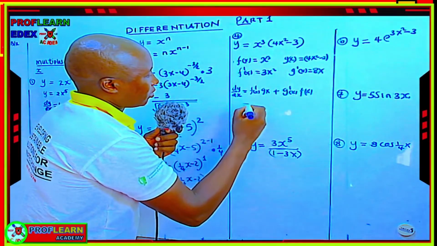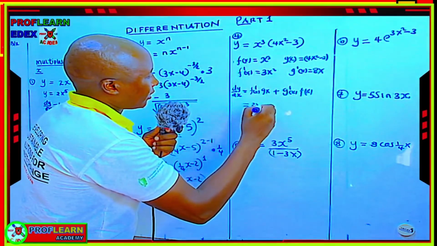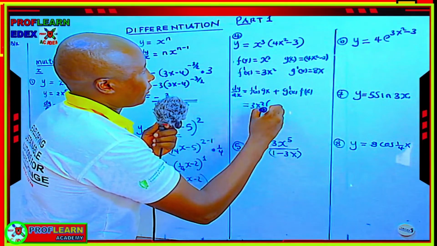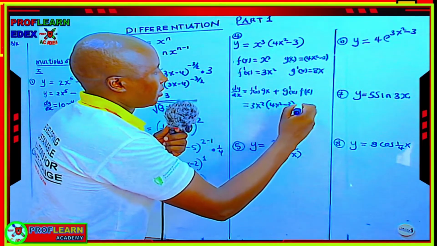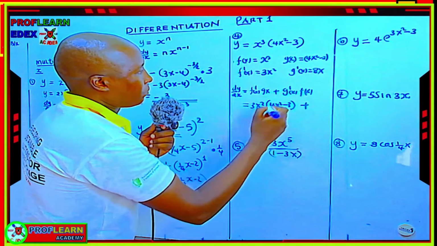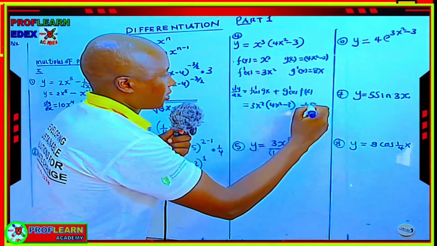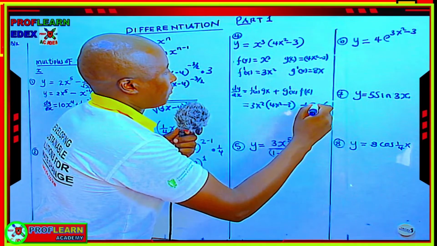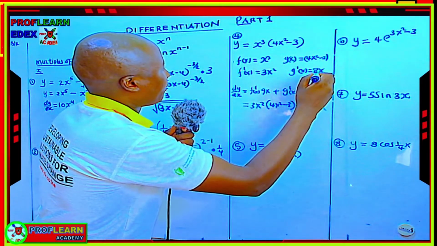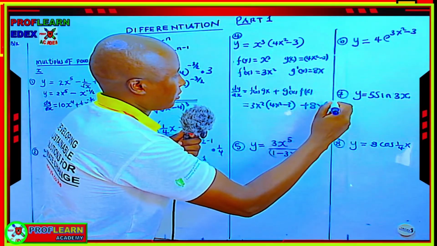So this f prime is going to be 3x squared. Then the function g of x is going to be 4x squared minus 3. Then plus, now g prime is 8x into bracket, g prime of x is that f of x, which was x power 3.